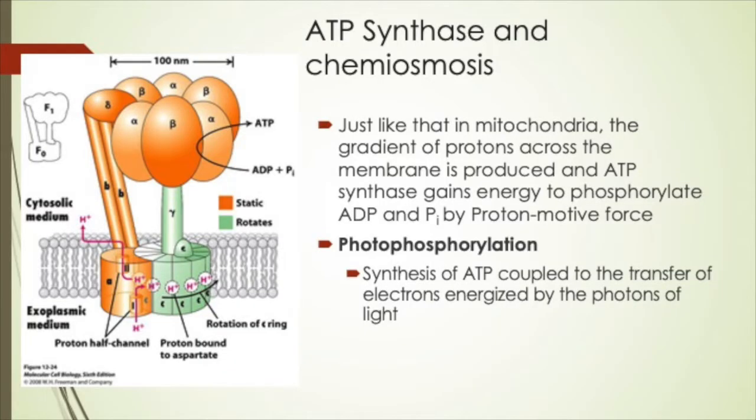So then we get to the ATP synthase, just like that in mitochondria, and that gradient of protons allows for the production of ATP through ADP and phosphate, through proton motive force, through chemiosmosis.